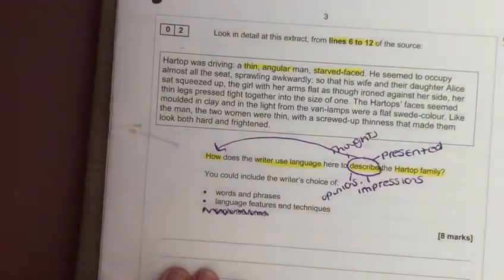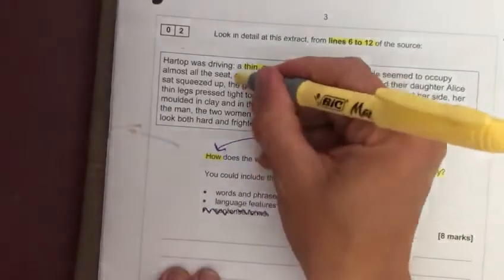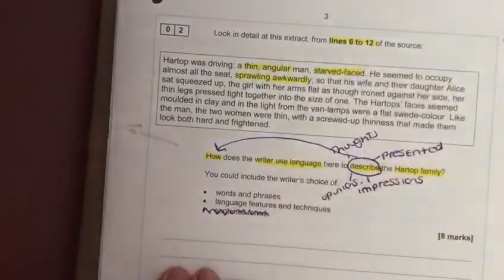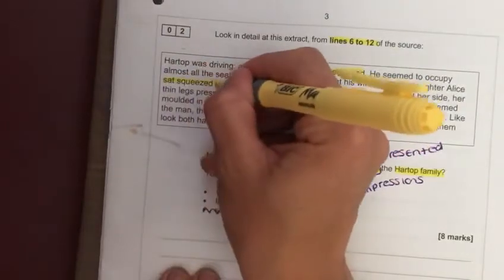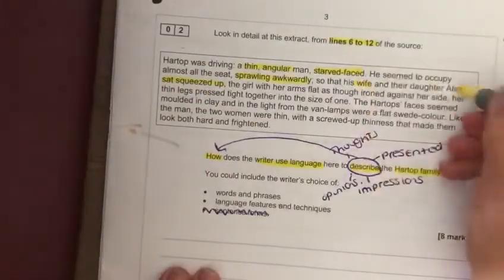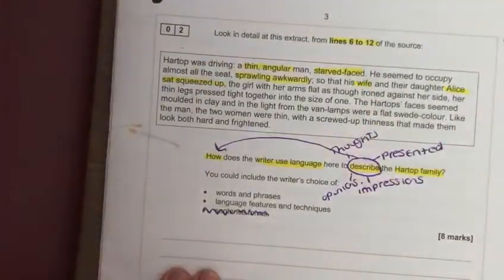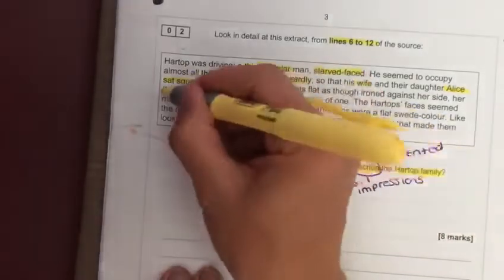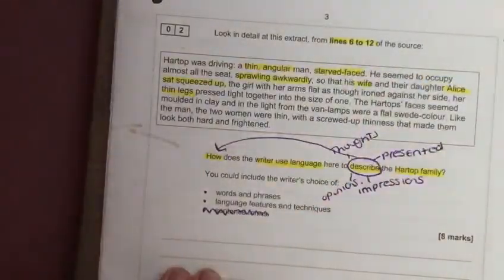starved face. He seemed to occupy almost all of the seat, sprawling awkwardly, so that his wife and their daughter Alice had sat squeezed up. I'm just going to highlight wife and Alice there because that's what it links to. The girl with her arms flat as though ironed against her chest, her thin legs pressed tight together into the size of one.